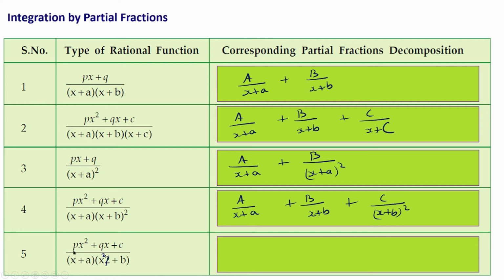And finally, if we have a rational function of the form px square plus qx plus r upon (x plus a) into (x square plus b), then the partial fraction decomposition consists of A by x plus a plus (Bx plus C) upon x square plus b. So we can equate these two, compare the coefficients of x, x square and the constant term, and find the values of A, B and C.